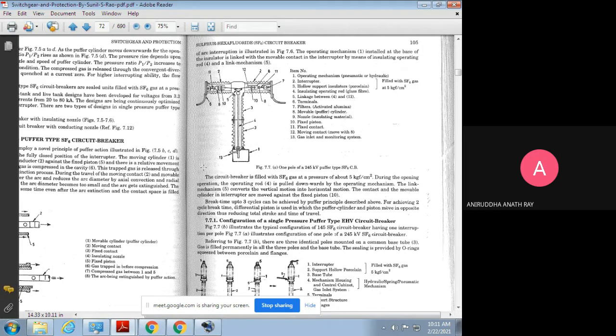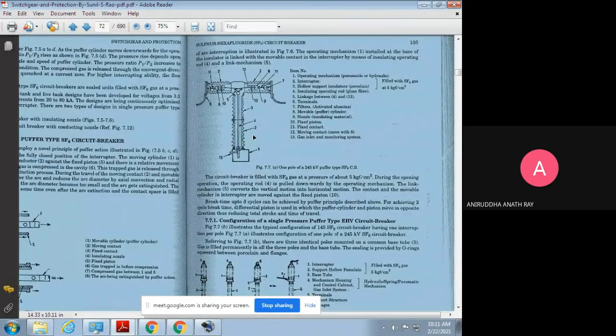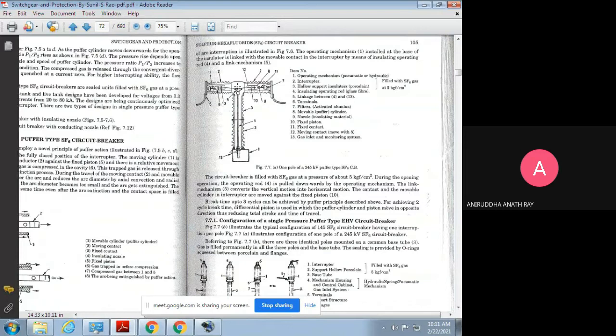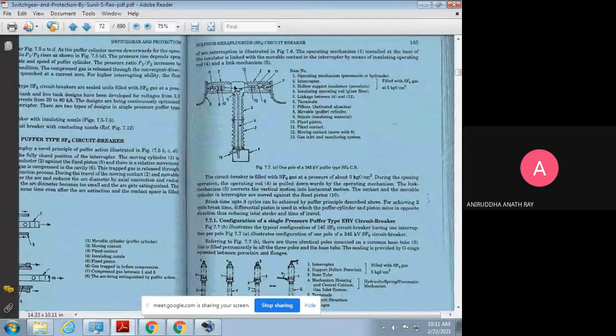The linkage mechanism, component number 5, converts the vertical motion into horizontal motion. When this goes downwards, a pressure comes over here, and this gets pulled towards the right-hand side. Thus the two contacts get opened.